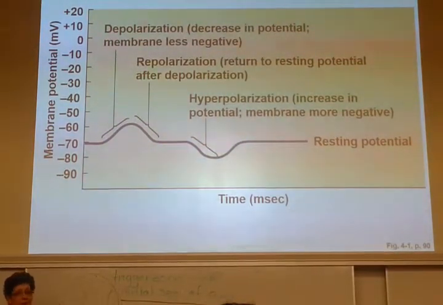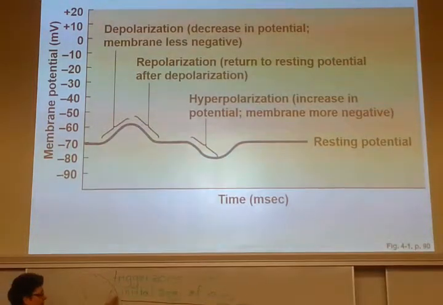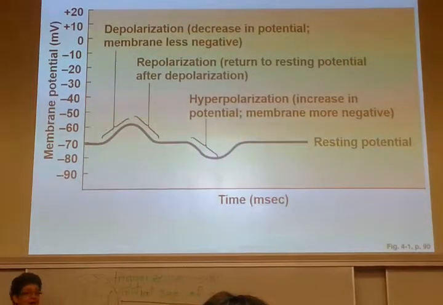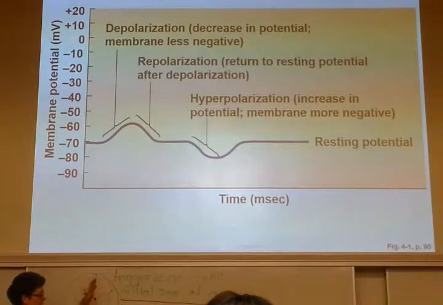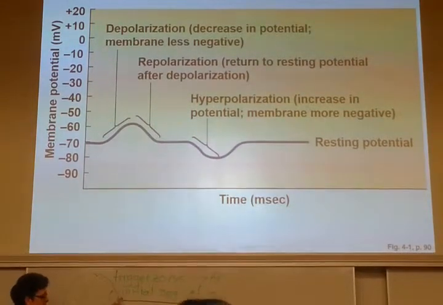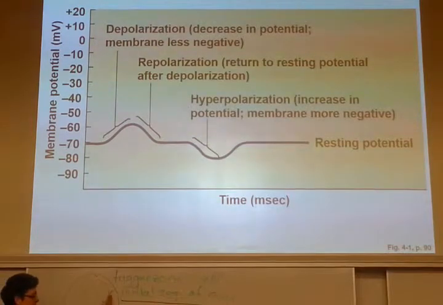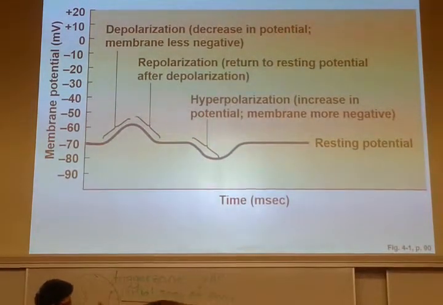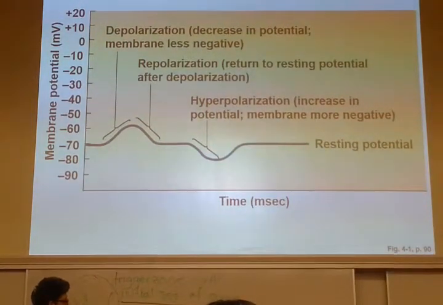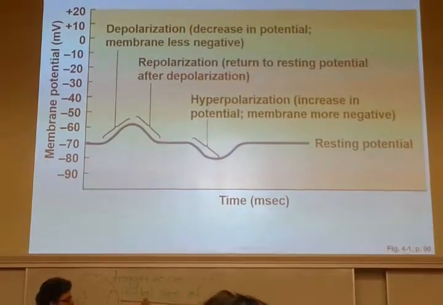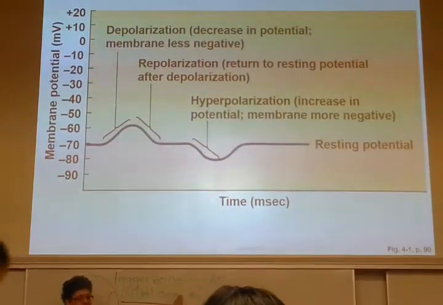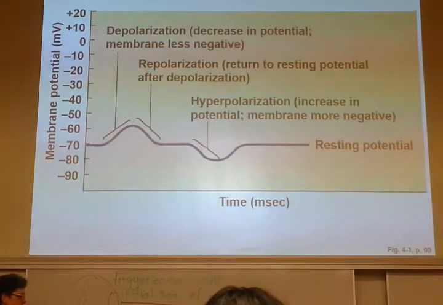Trigger zone means what's occurring here is going to allow for the action potential to be generated in this region first, and then the events that occur here will be repeating as you go down the axon.